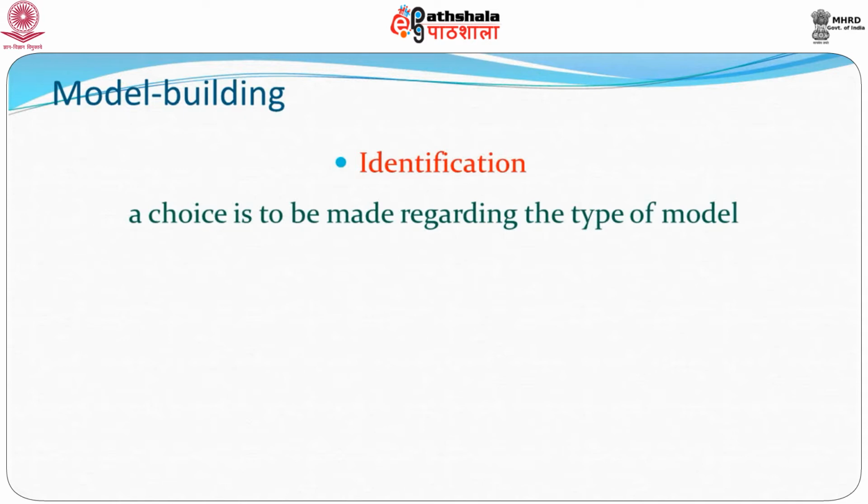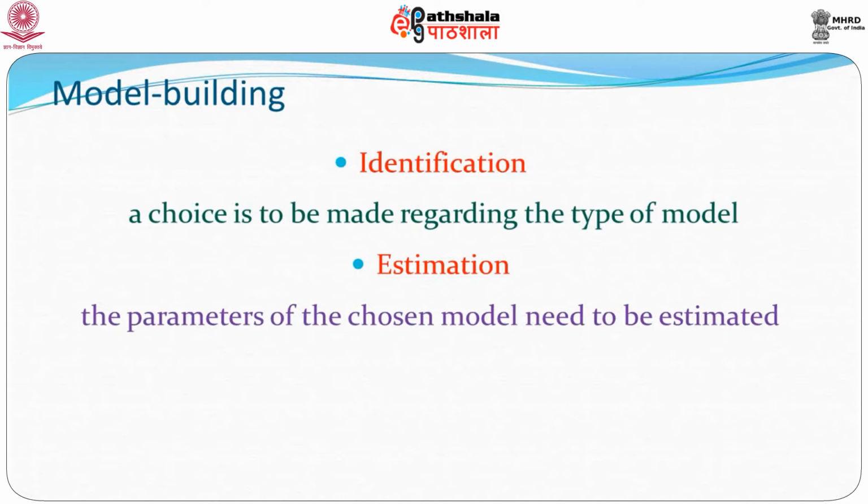There will be several candidate models, and we will have to identify the best model for our data. Once we have identified the model, then we have to estimate its parameters. So, for example, if we select an AR model of order 3, then we will have to look at the 3 parameters of the AR model and how to estimate them. We will also need to estimate the variance parameter. So, the estimation part would come in.